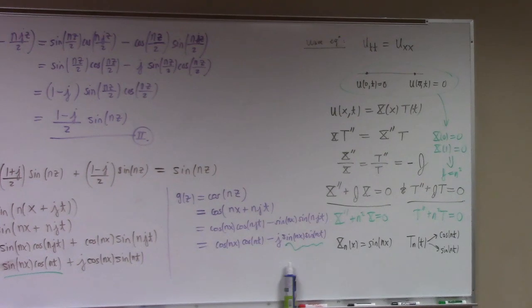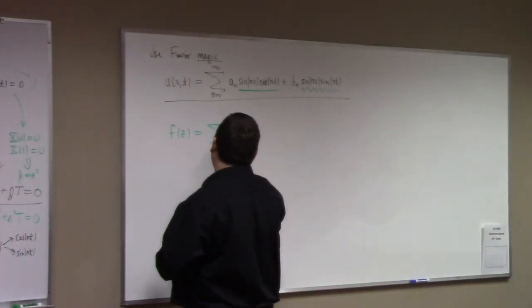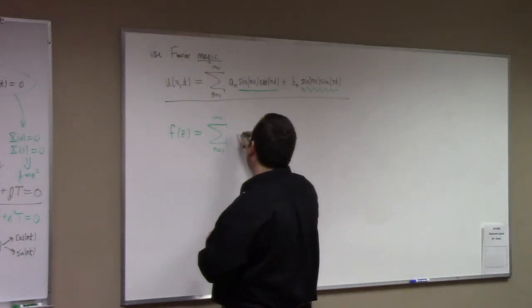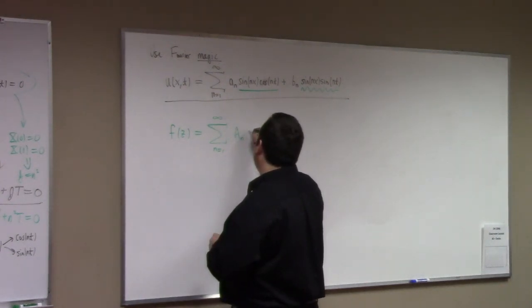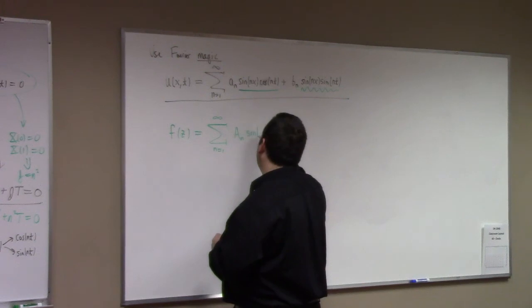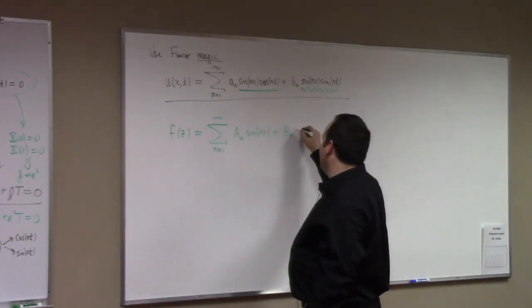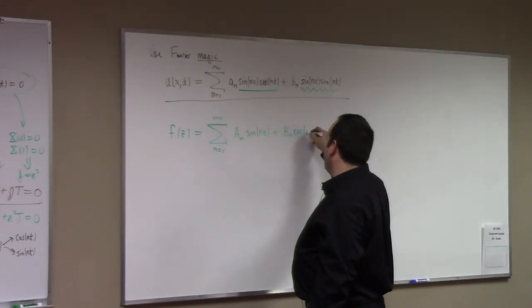This is quite beautiful. This suggests a hyperbolic Fourier analysis of the following. So maybe we should do something like this: f of z equals the sum from n equals 1 to infinity, appropriately chosen hyperbolic constants, a sub n sine of nz plus b sub n cosine of nz.